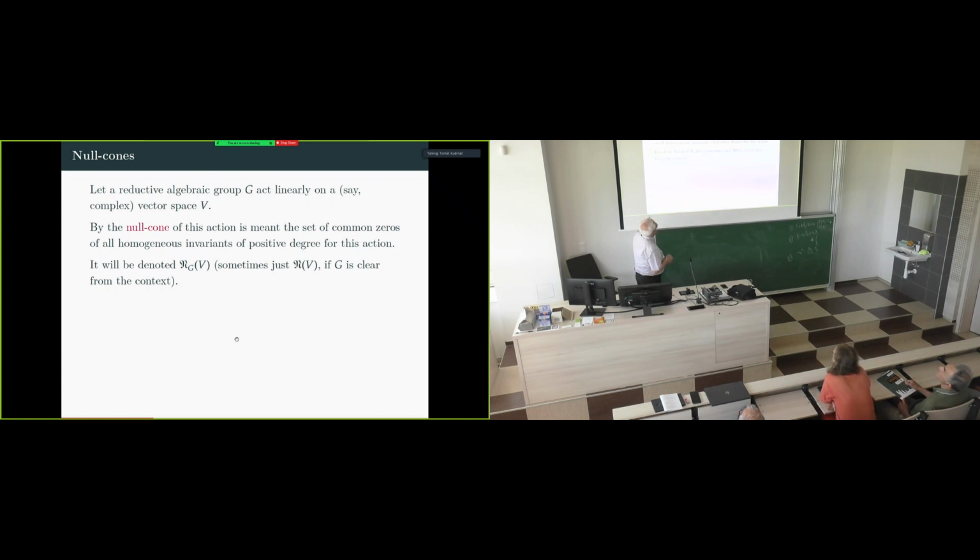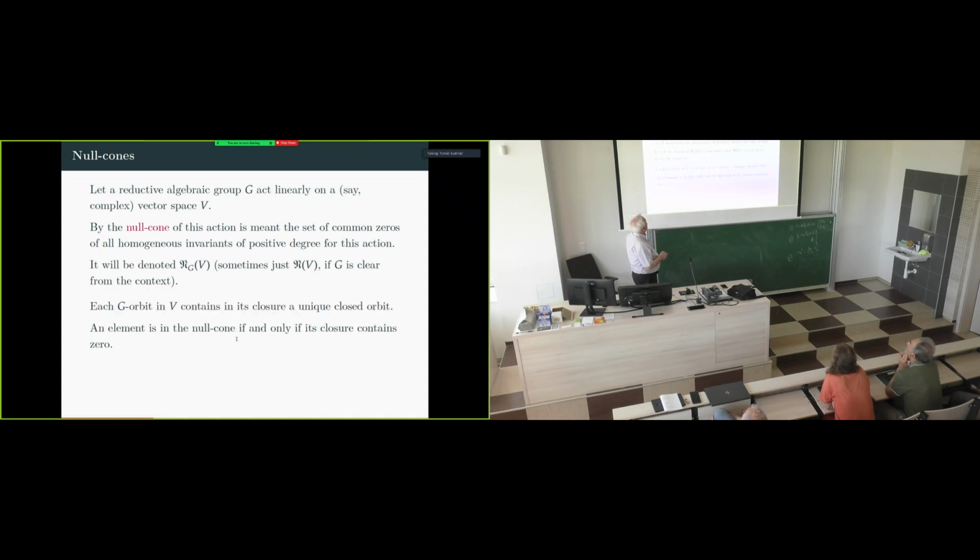For this reason, maybe I should recall what the null cone is. The null cone is the set of common zeros of all homogeneous invariants of positive degree, and we denote this N(G,V).